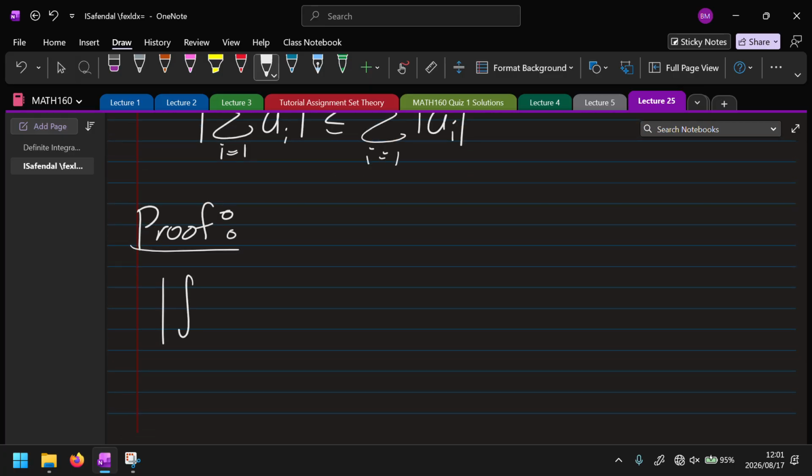So the absolute value of the integral from a to b of f of x dx is equal to, right? When we don't know where to start, we start with the definition. So this will be the absolute value of the limit of a Riemann sum.